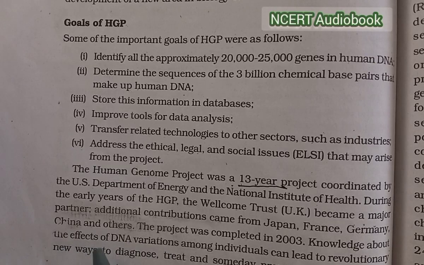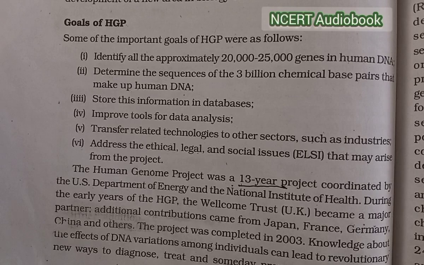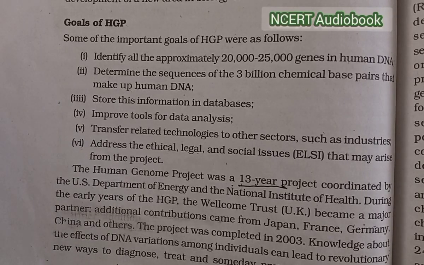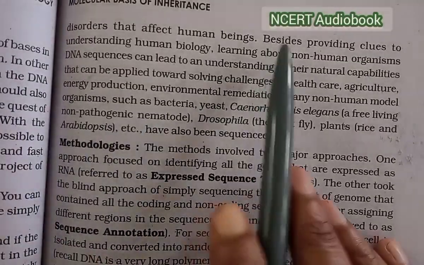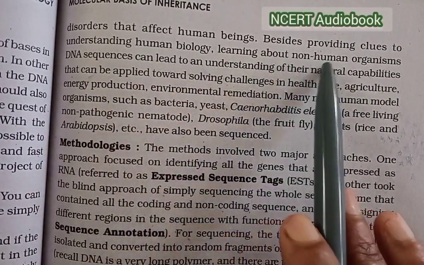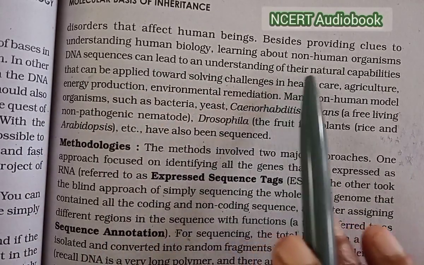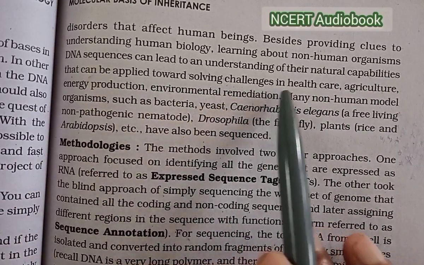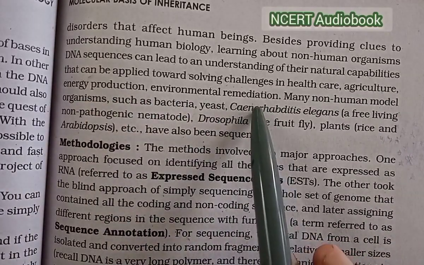Knowledge about the effect of DNA variations among individuals can lead to revolutionary new ways to diagnose, treat, and someday prevent the thousands of disorders that affect human beings. Besides providing clues to understanding human biology, learning about non-human organisms' DNA sequences can lead to an understanding of their natural capabilities that can be applied toward solving challenges in healthcare, agriculture, energy production, and environmental remediation.